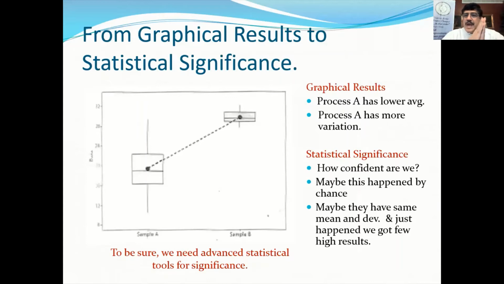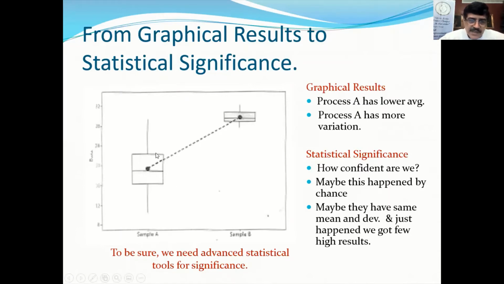So now we want to go from graphical results, where so far we looked only at the graphical, to statistical significance. In the graphical results, for example, if you look at process A, the box plot, you can see that it has a lower average.